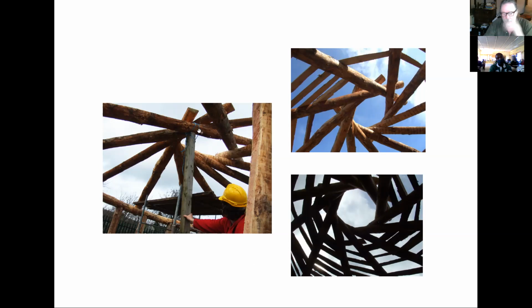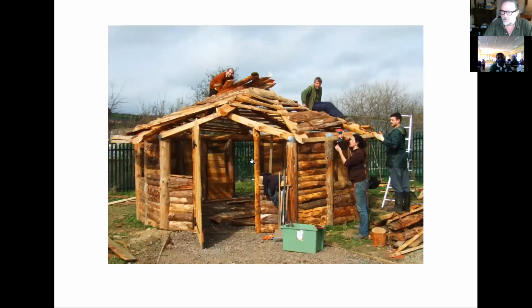Then the second beam sits on top of that, and the next one sits on top of that one, and you go all the way around until every beam is sitting on the one before it, and then you can kick out the support and it all locks into place. And you have a very strong structure in your roof, but it doesn't need a central support. So you have a nice big open space inside.